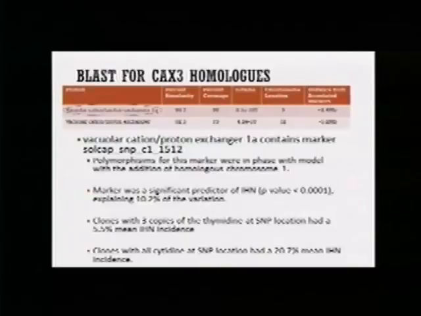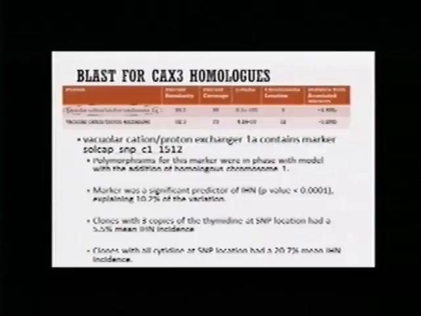Another thing we found is when we analyzed that marker with all 4 years of data, it explained 10.2% of variation. Essentially it came down to 3 copies of one version of the SNP. The mean of those genotypes was 5.5%, and all cytidine, because of the way it's segregated, was 20.7%. So we found that it did have an effect on the disease. It was very significant and explained 10.2% of the variation.